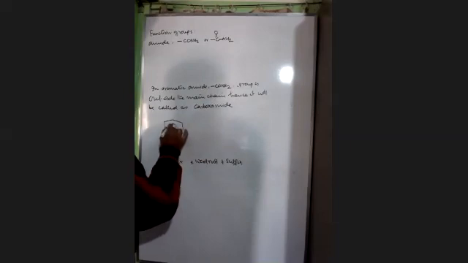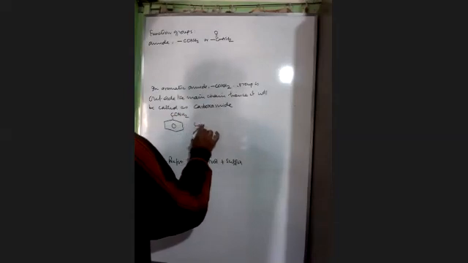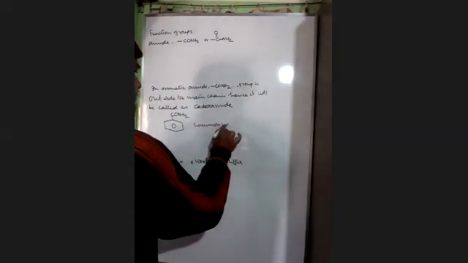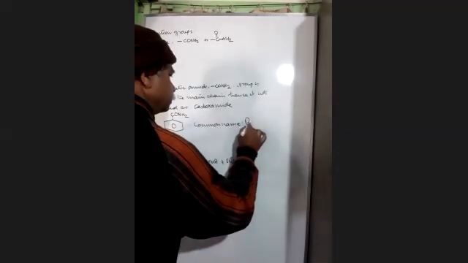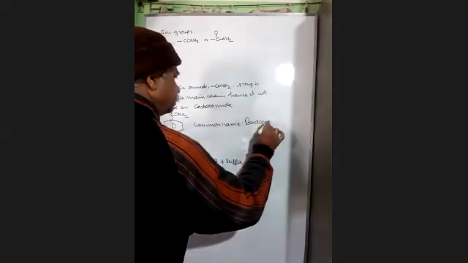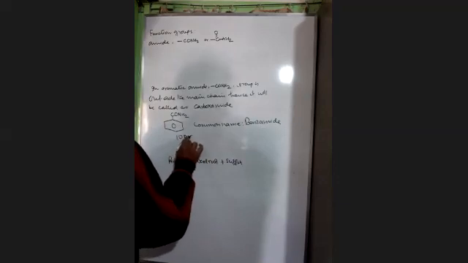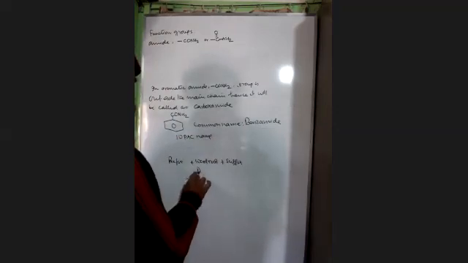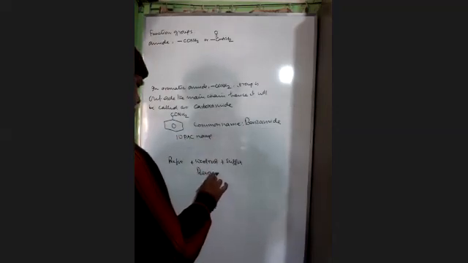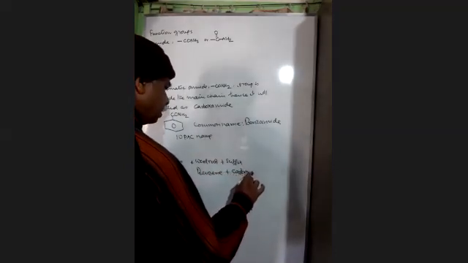So the common name is benzamide. What is the IUPAC name? Benzene carboxamide. One word.